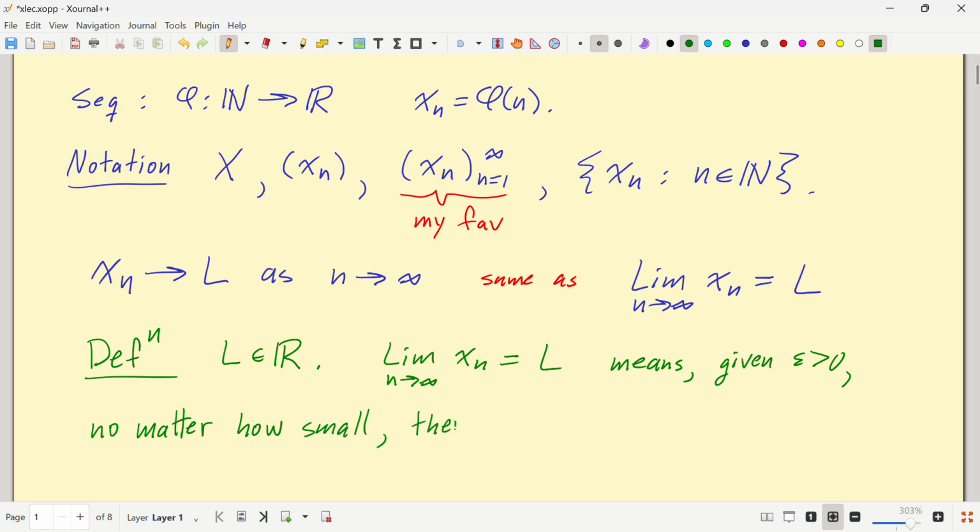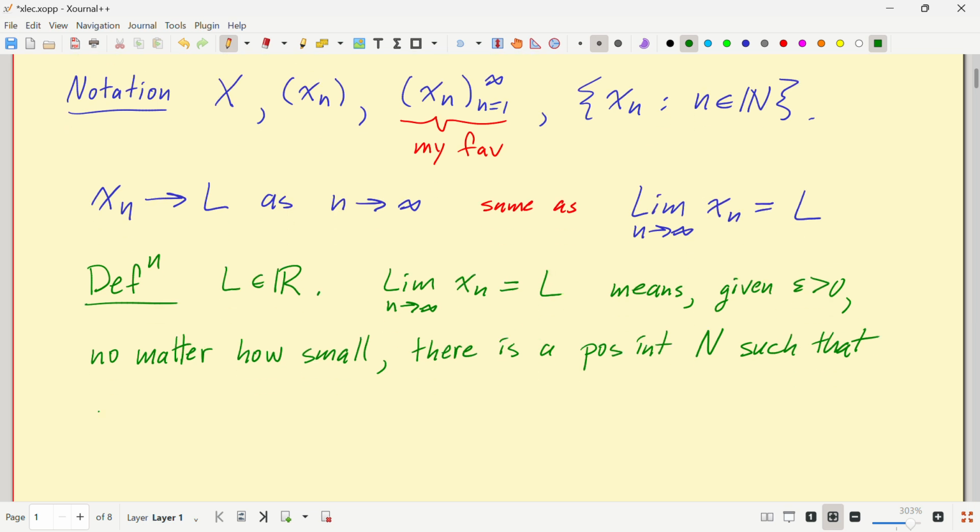There is a positive integer N such that the distance from x_n to L, that's the absolute value of x_n minus L, is less than epsilon when little n is bigger than or equal to capital N. That's the correct way to say what a limit is.